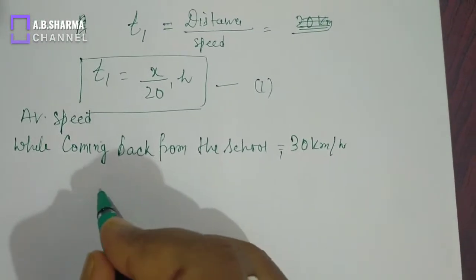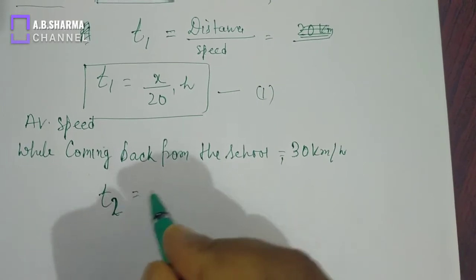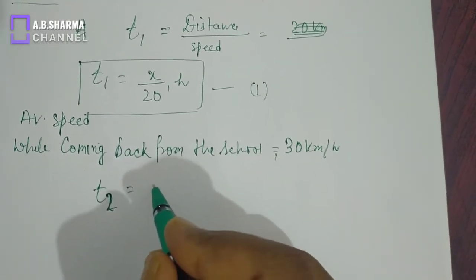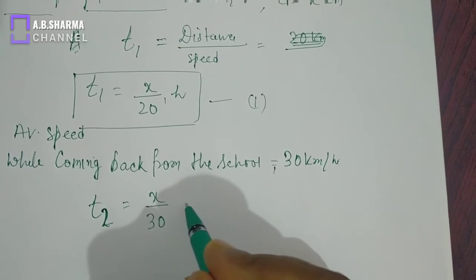So the time taken while coming, that is t2, let t2 be the time taken from school to home. The distance will be the same, x over 30.